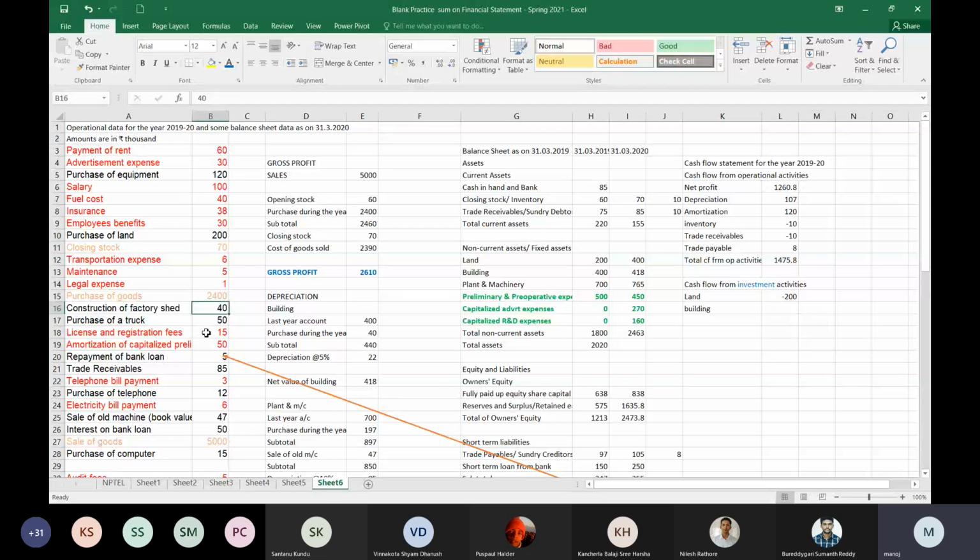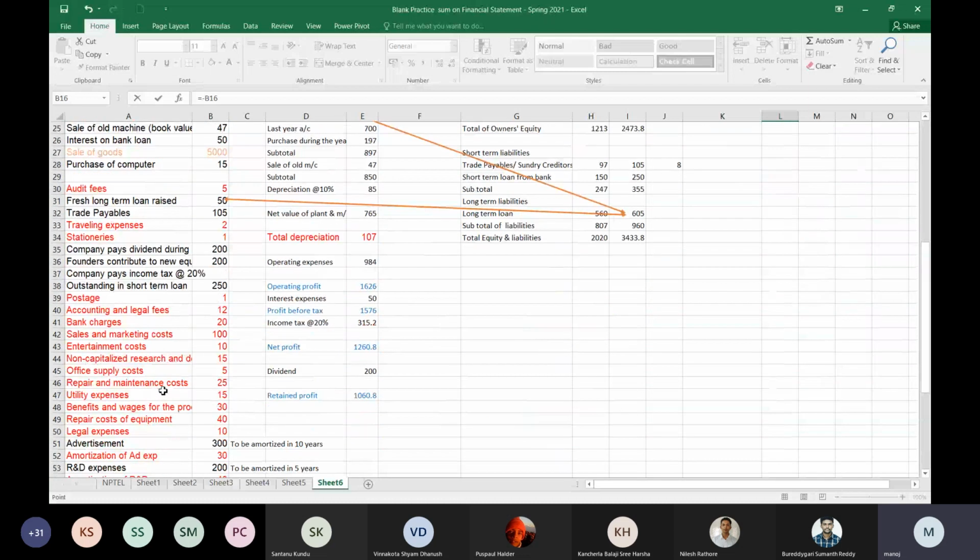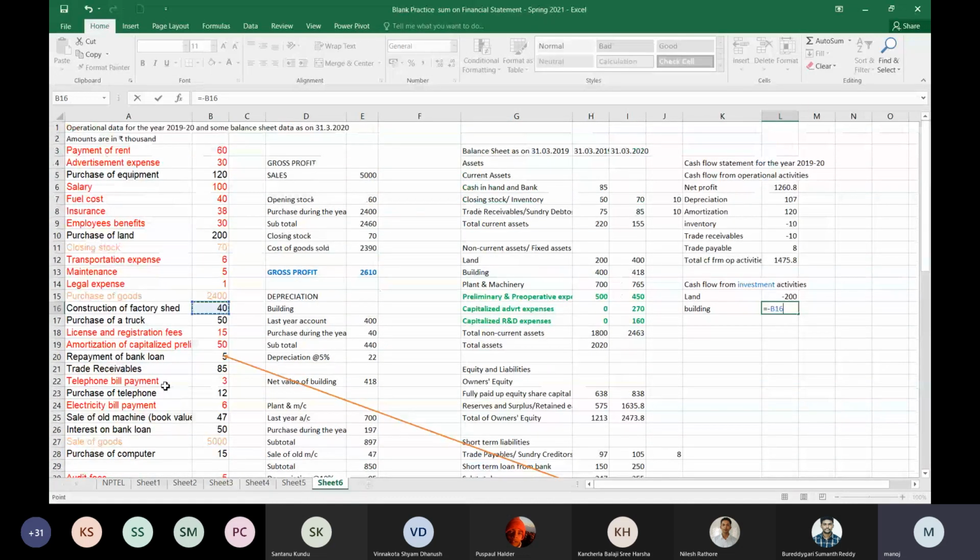This is a negative cash flow under building, minus 40, because this money has gone out as you have constructed a building paying money. So building is equal to minus this. And if there is any other, that also has to be deducted, because that is negative cash flow gone.